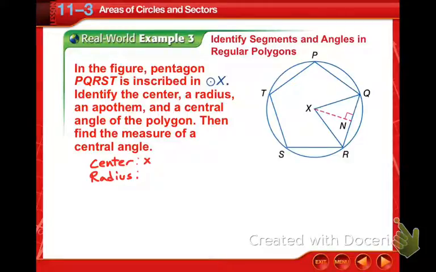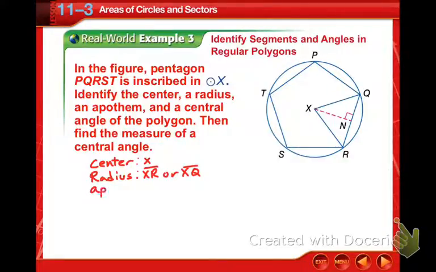The radius of the polygon is from R to X, or X to Q, either way works, you can rewrite it however you want. You can keep going if you want to, you can do XP, but we're only given those two, so we're not going to write any more than that.